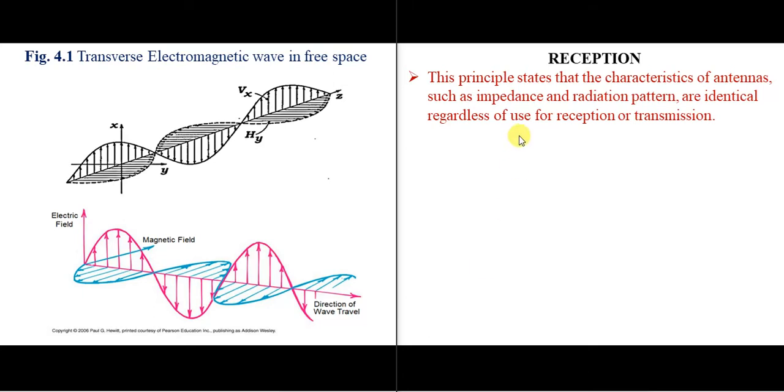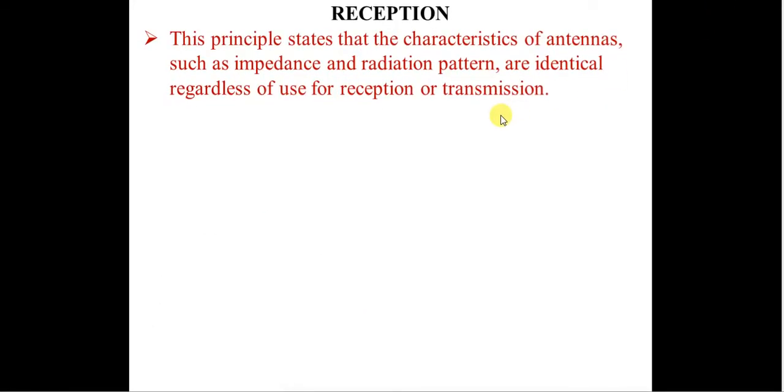The principle of reciprocity states that the characteristics of antennas, such as impedance and radiation pattern, are identical regardless of use for reception or transmission.